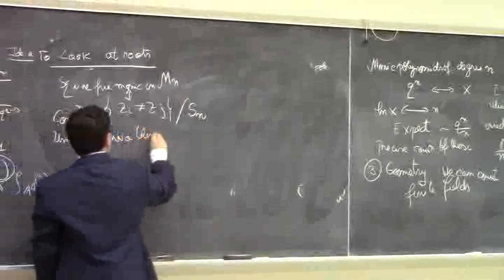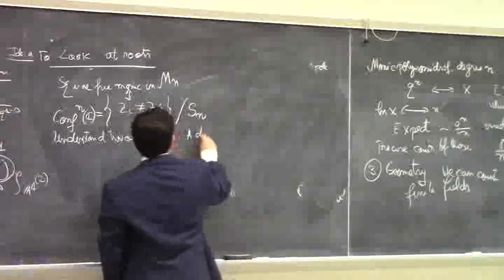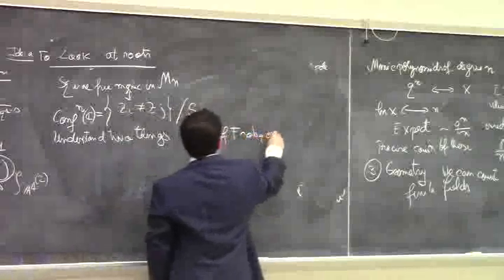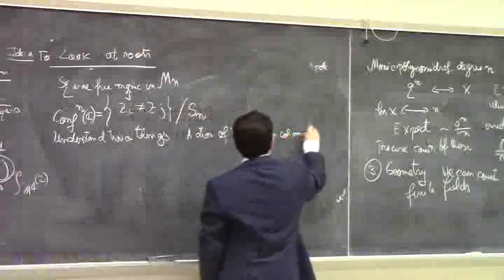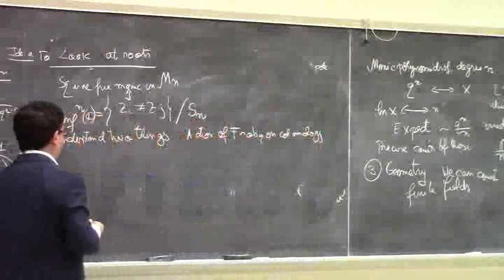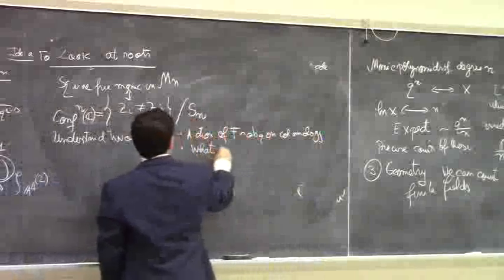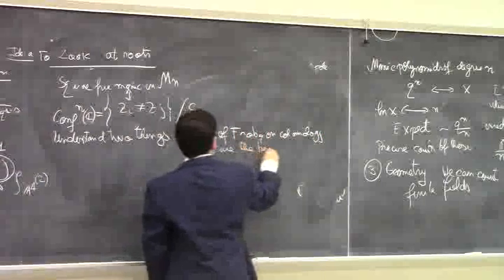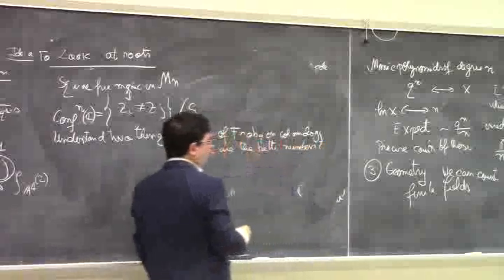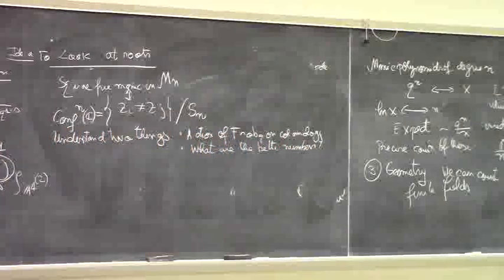One of these things is the action of Frobenius on cohomology. And the other thing I want to understand is what the Betti numbers are. If I understand these two things, I can piece everything back into the formula.